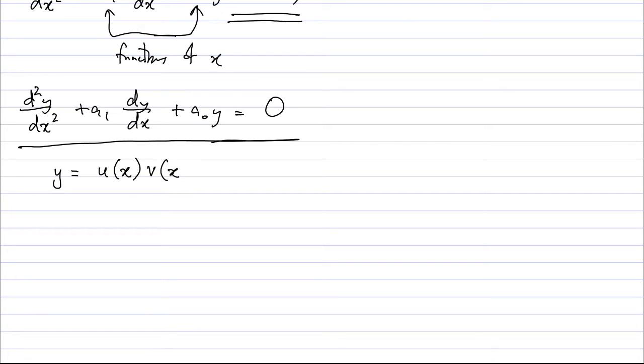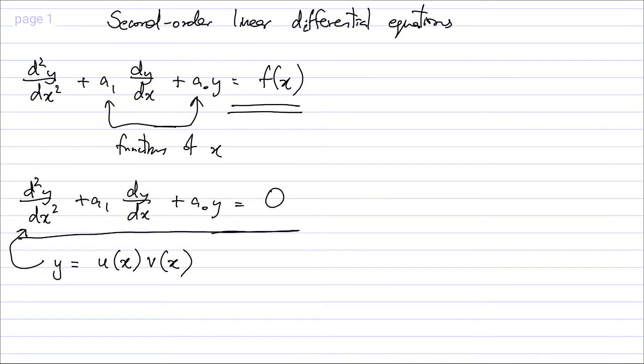When you substitute this back into the original differential equation, instead of a differential equation for y, you get a differential equation for v. It turns out you get a first order differential equation for dv by dx, and you know how to solve a first order differential equation.